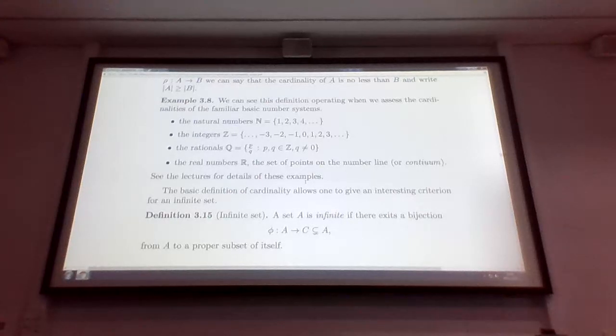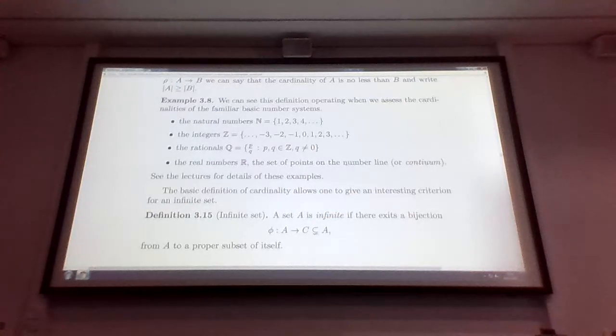And then you've got the rational numbers, which you can think of as all possible fractions that you can form, all possible p over q, where p and q are integers, but q must be non-zero. And then you've got this, in some senses, bigger infinite set, the set of real numbers. It's the set of all possible positions on the number line, on the continuum.